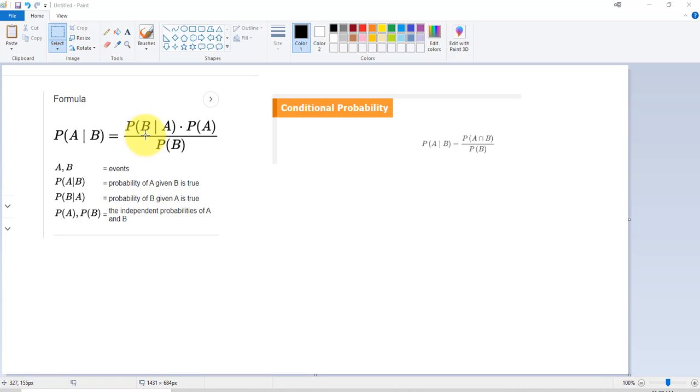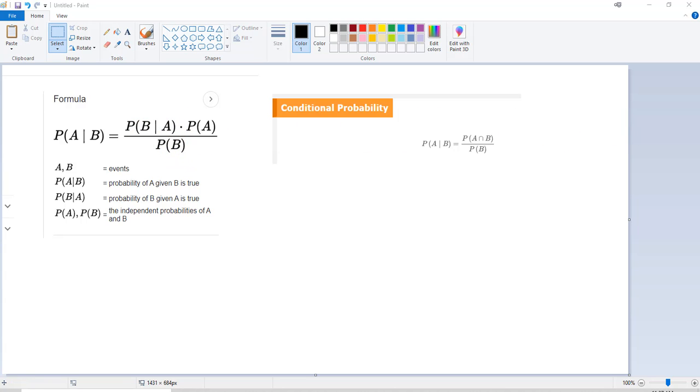Well, we can find examples where it would be much easier to switch, instead of doing A given B. So Bayes' theorem, the way I think about it anyway, lets you switch the order of these things if you want. Of course, you don't have to use Bayes' theorem, but it gives you the option to switch. Now, you have to do a little bit more work when you switch. You have to figure out this term, and this term as well, but at least you get to switch.